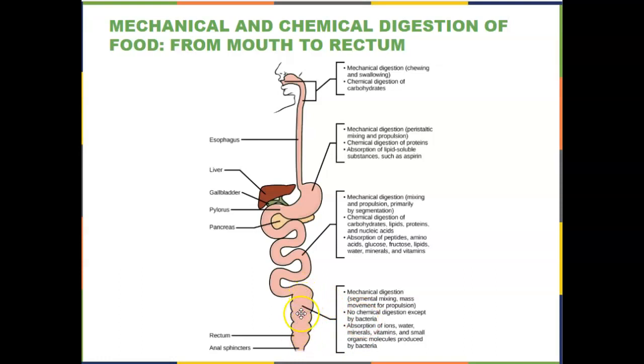We have our E. coli that naturally live in here, along with several other strains of bacteria, and they break down a lot of the indigestible material that makes it to the large intestine for their own purposes, and they produce substances that we then can absorb, that are breakdown products of that food, including the final versions of a lot of mineral molecules that end up being vitamins for us, which are liberated by bacterial digestion in the large intestines right here. So this is a form of bacterial fermentation occurring in the large intestines.